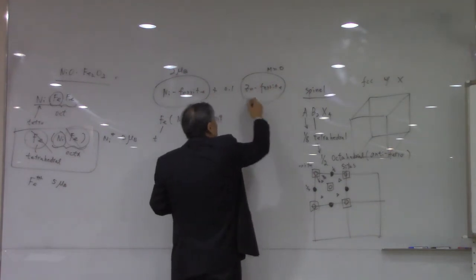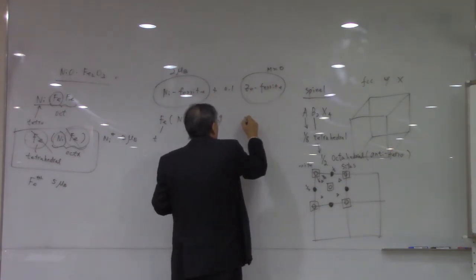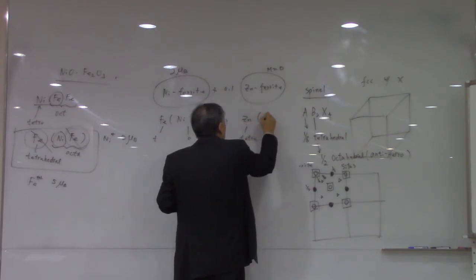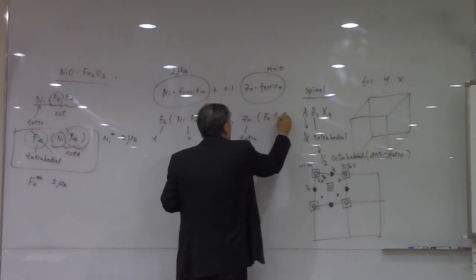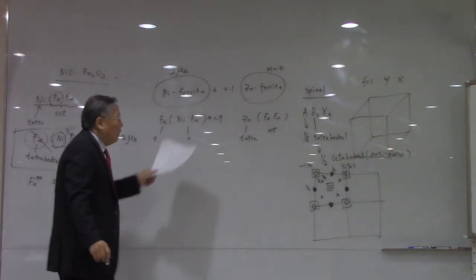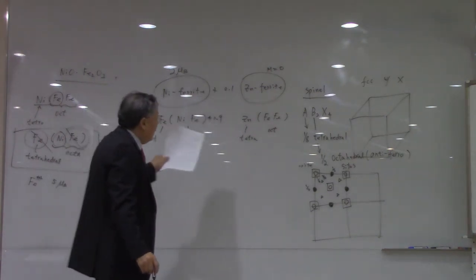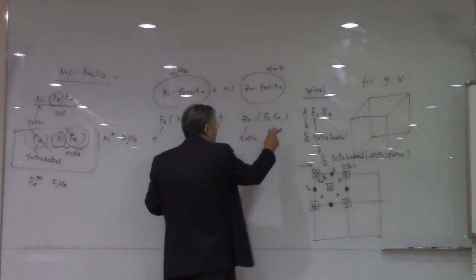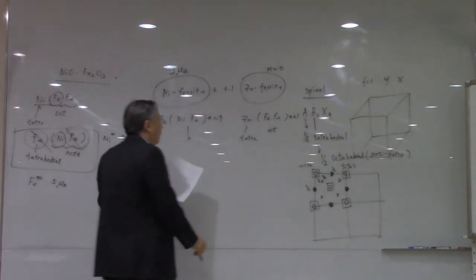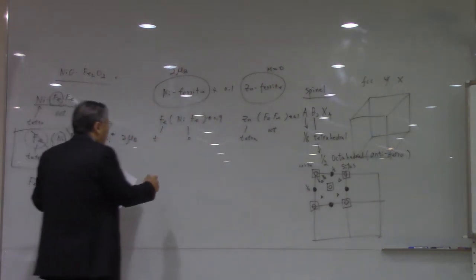And in this zinc ferrite, we know the zinc is in the tetrahedral site, and then we have the octahedral site. We have Fe in the octahedral site, something like this, because it is a normal spinel structure, and then we have just 0.1 of this in this mixture.